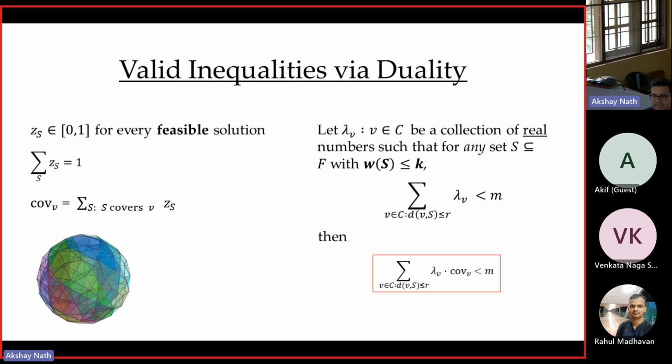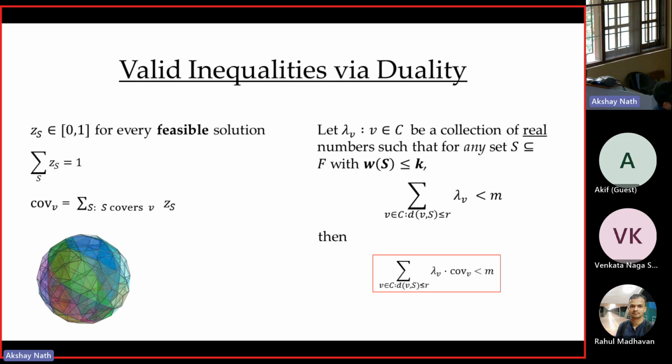In particular, if lambda v's were all 1 and it satisfied this, then this instance has no solution, because any solution you pick covers strictly fewer than n clients. That would violate the constraint that the sum is at least m. But I don't need lambda v's to be all ones. If you find any real numbers which have that property, this is valid.